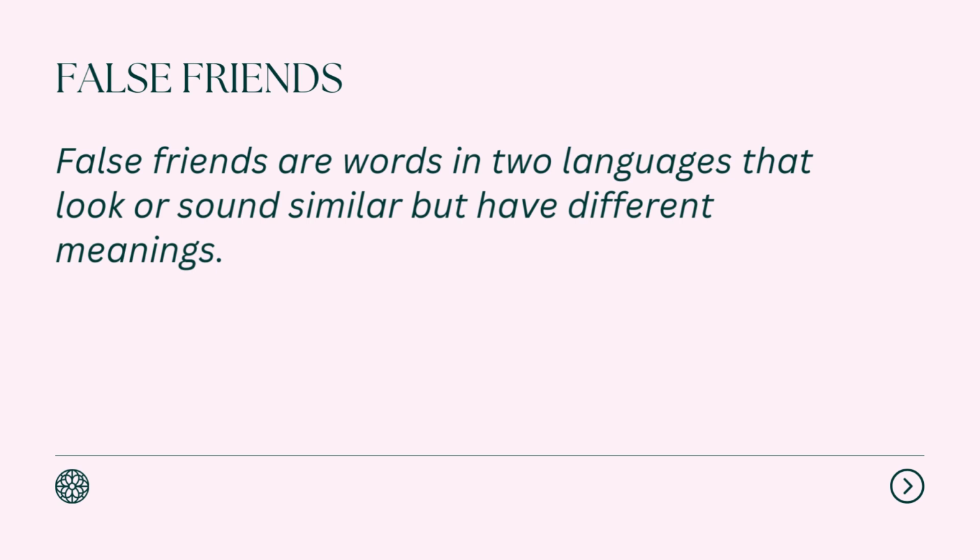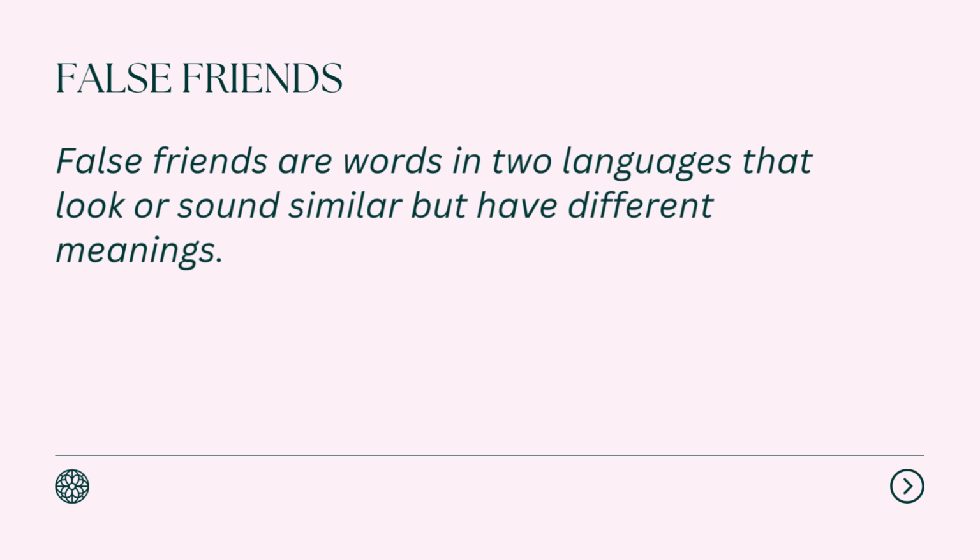We would have tackled synonyms and antonyms, but what do false friends have to do with language transfer? For example, the Spanish word embarazada may confuse English speakers into thinking that it means embarrassed, because in fact it means pregnant.